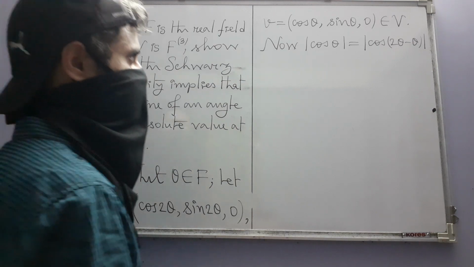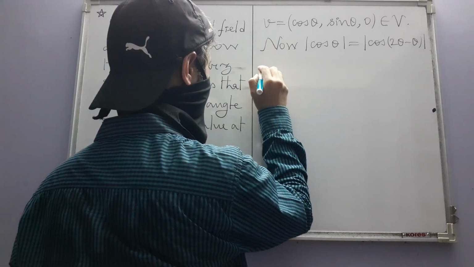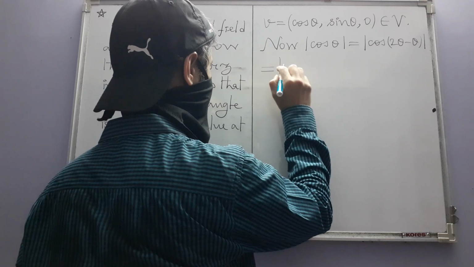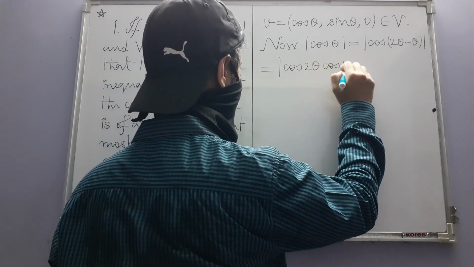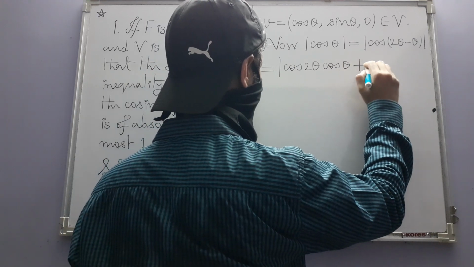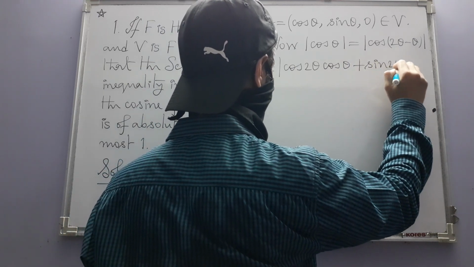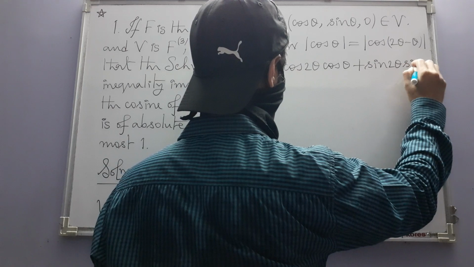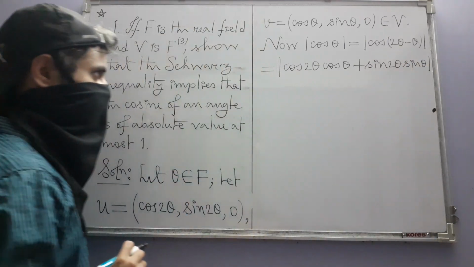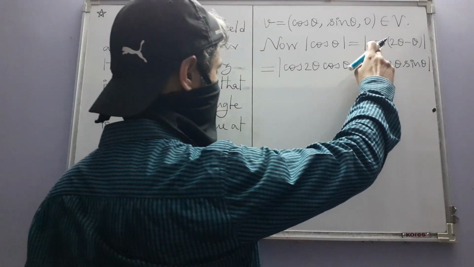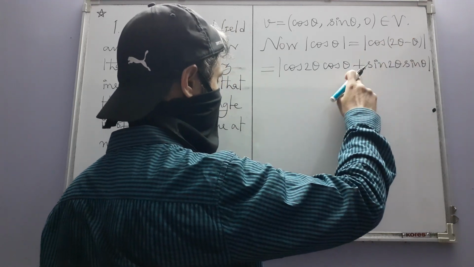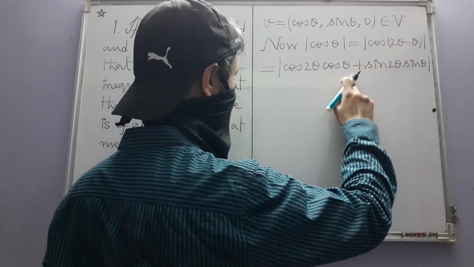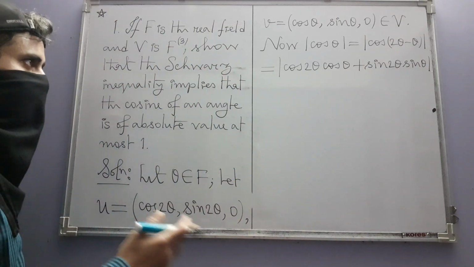So in that sense, the addition formula, which is cos 2 theta cos theta plus sin 2 theta sin theta. In case of sine, if you have plus here, then you have plus here. If you have minus here, then you have minus here. But for cosine, that's opposite.